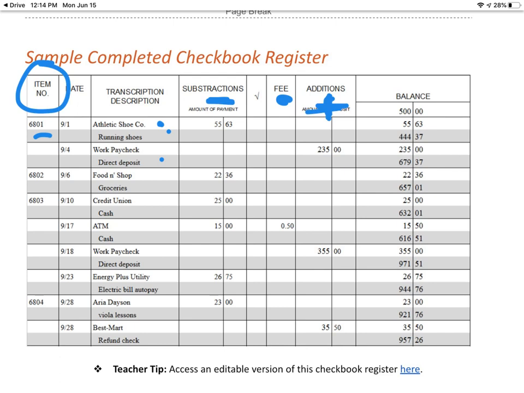And then this is a running balance, showing okay, you had $500 minus $55 equals $444.37. So that's how a check register works: you just go through and put the different stuff in there as you go, and you keep a running balance as to how much money you actually have.